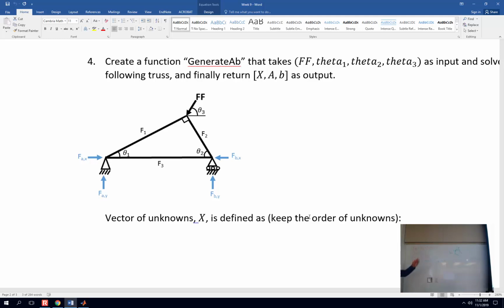In the y direction now, I have FAY in the positive direction plus F1 sine of theta 1 equal to 0.